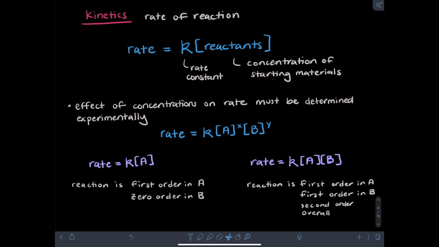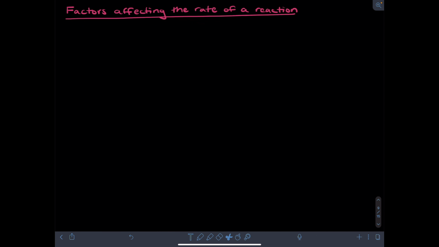We'd also say it's first order in B because it's B to the first power. And because it's first order in A and first order in B, we would call this reaction second order overall.